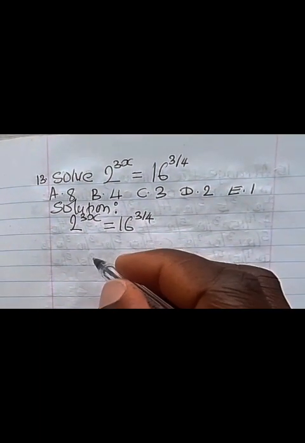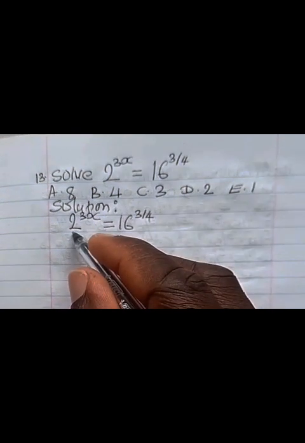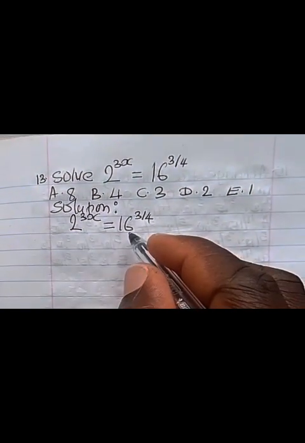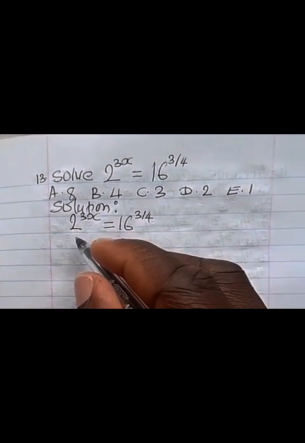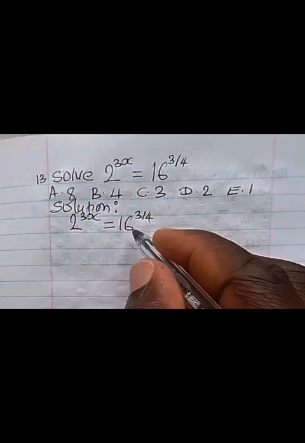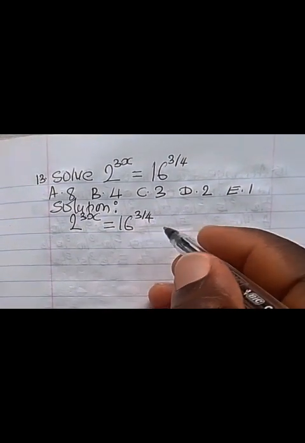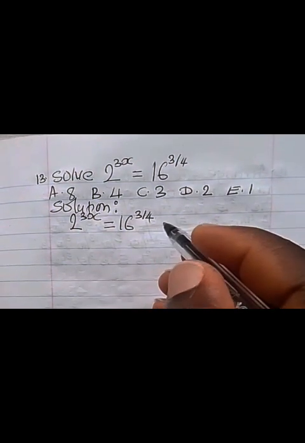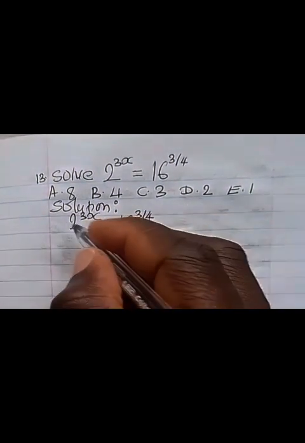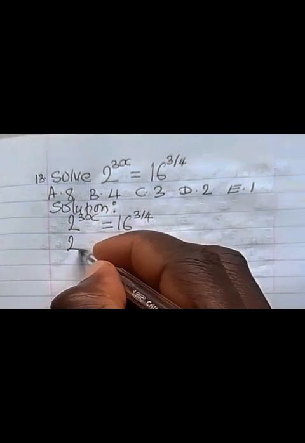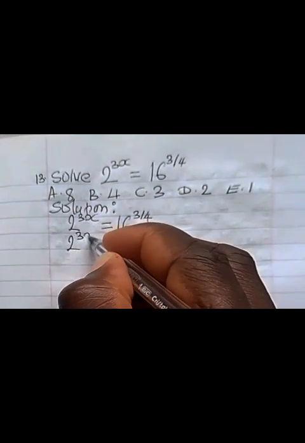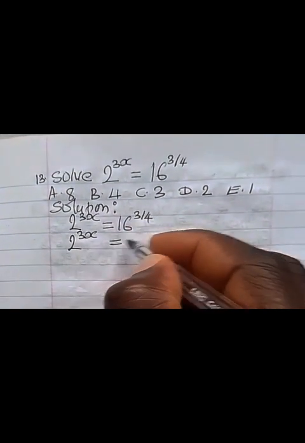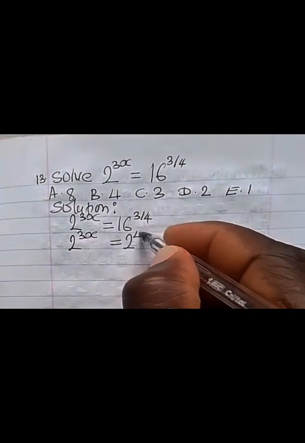If you check the bases 2 and 16, the lowest is 2. You can express 16 in base 2. That is 2 power 4.